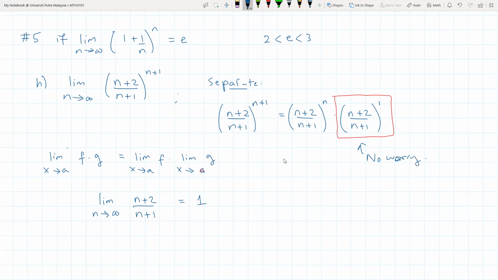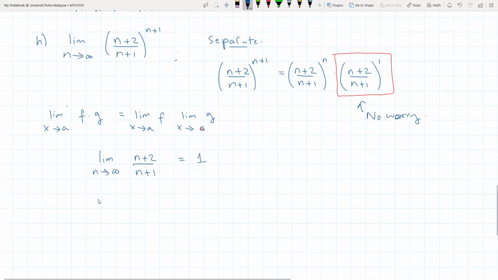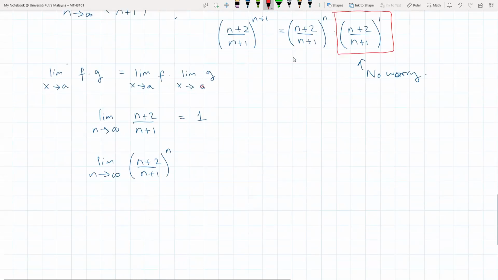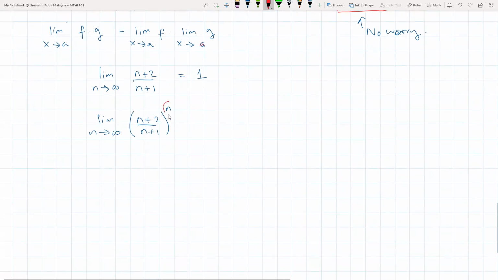And we need to worry about this one, the limit as n goes to positive infinity of (n plus 2 divided by n plus 1) to the power of n. Okay, you can see that now we have the same power, this is n and this is n.